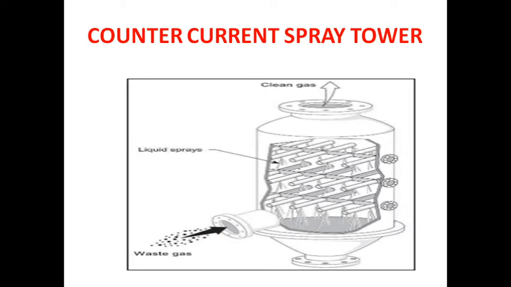So it consists of an empty cylindrical vessel made of steel or plastic, with nozzles that spray liquid into the vessel. Inlet gas stream usually enters at the bottom of the tower and moves upward while the liquid is sprayed downward from one or more levels.